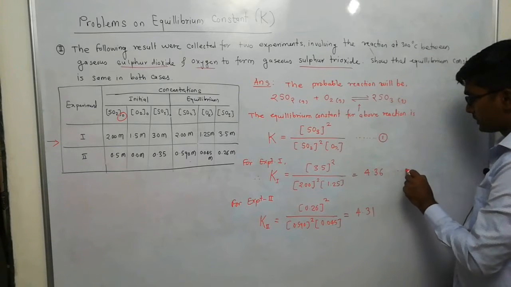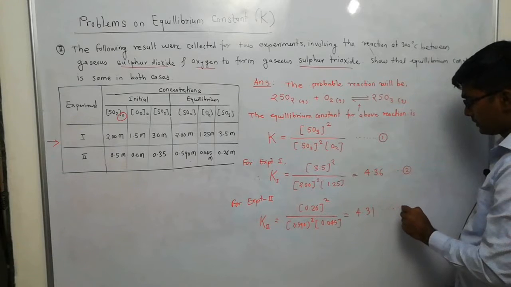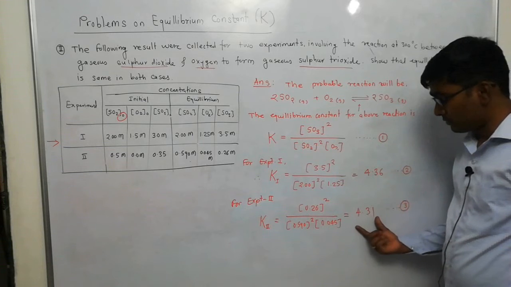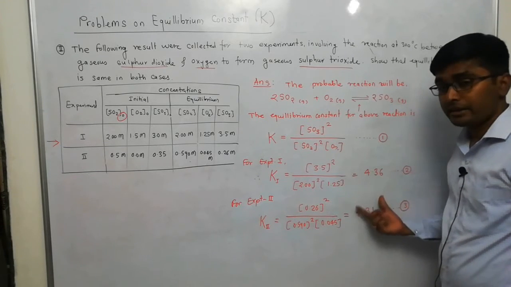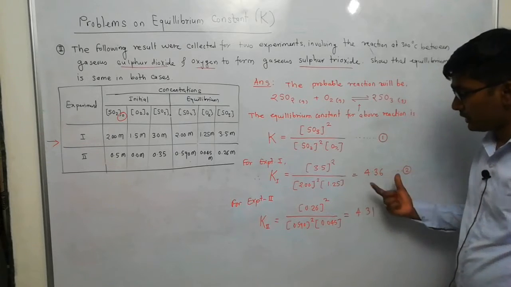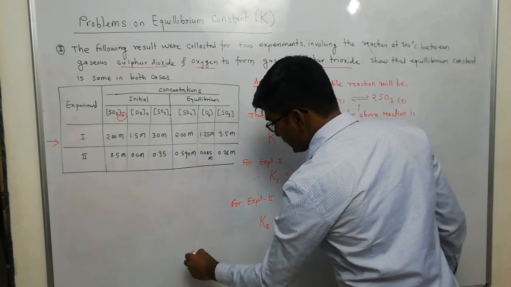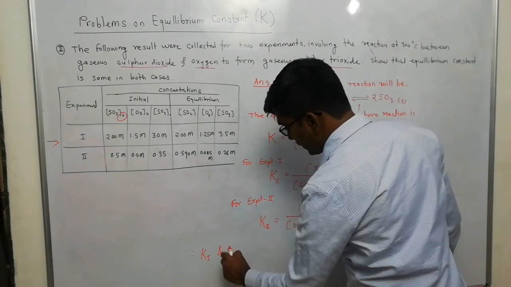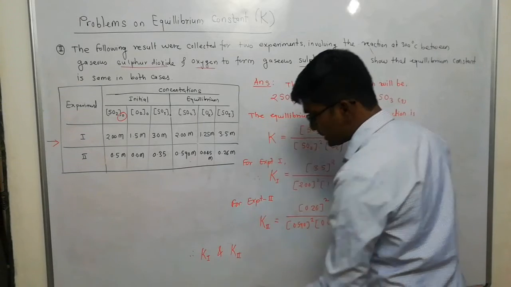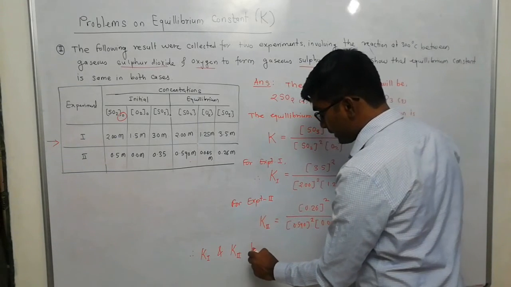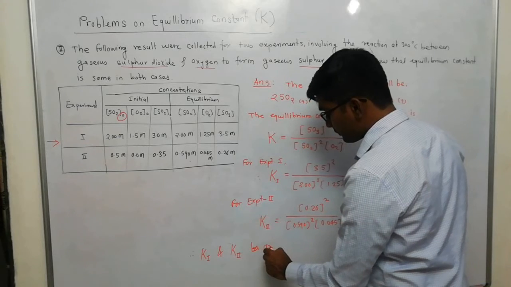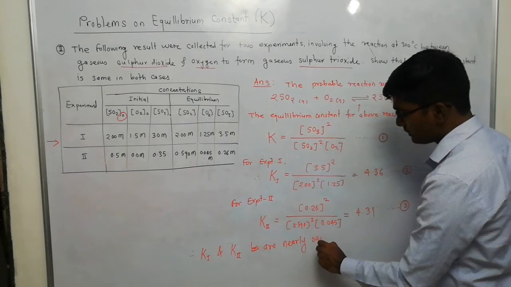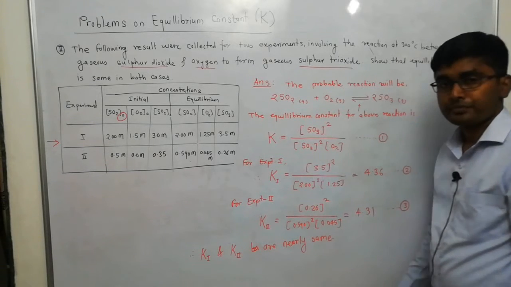So this is equation number 2, and the earlier one is equation number 1. These two values, 4.36 and 4.31, are nearly the same. Therefore the equilibrium constant for the first set and for the second set are nearly the same. Clear?